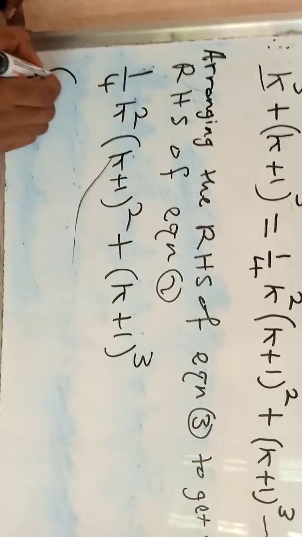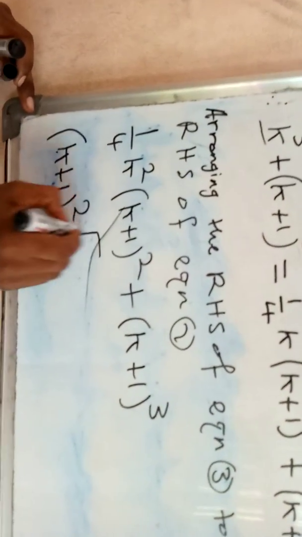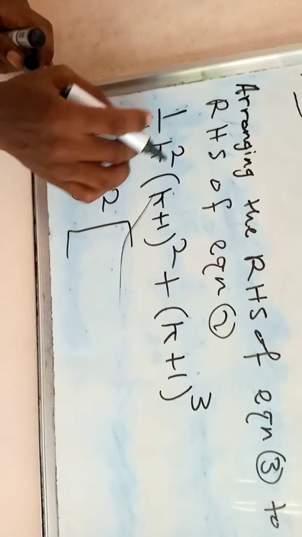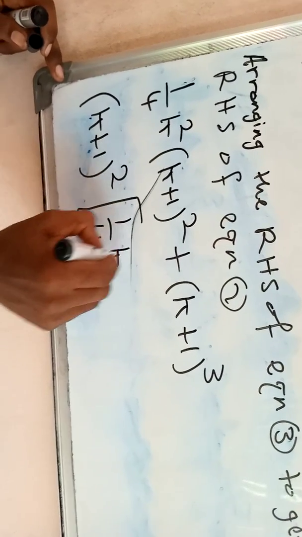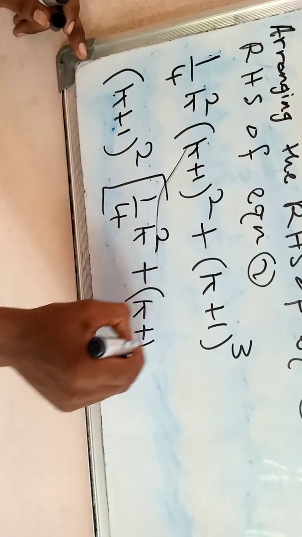Now we have our k plus 1 square. What is left here when we factor out k plus 1 square? We have 1 over 4 k square plus k plus 1. This is what is left.